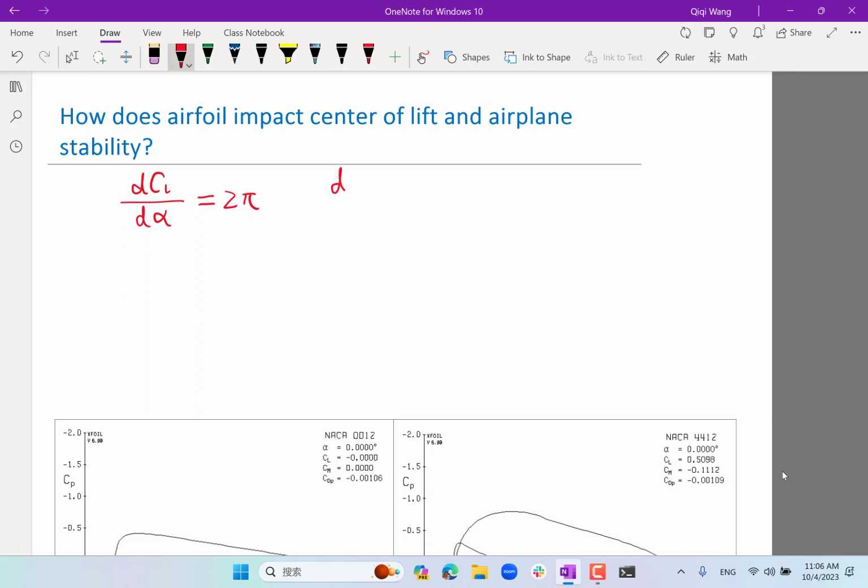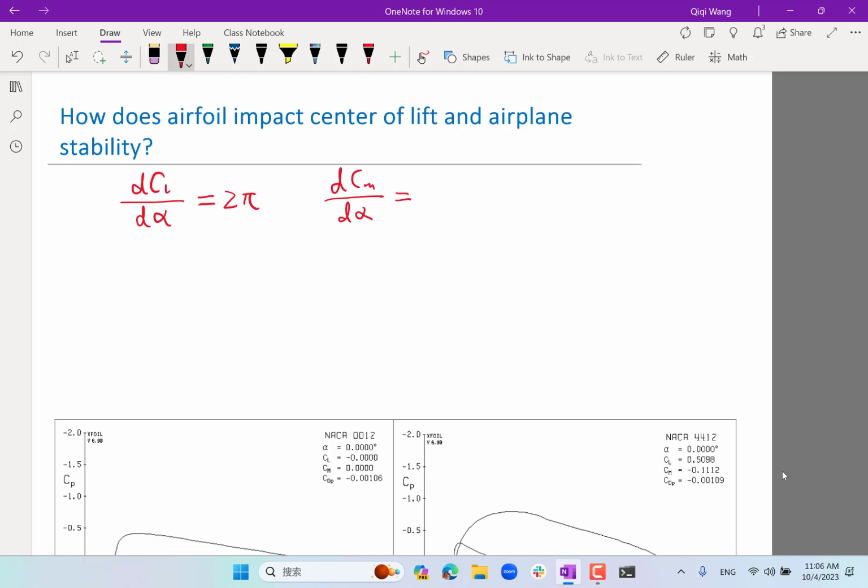And what is the derivative of Cm with respect to alpha? For thin airfoils, any kind of thin airfoils. At quarter chord. Yeah, if I don't say anything, the moment is going to be around quarter chord. That's right.